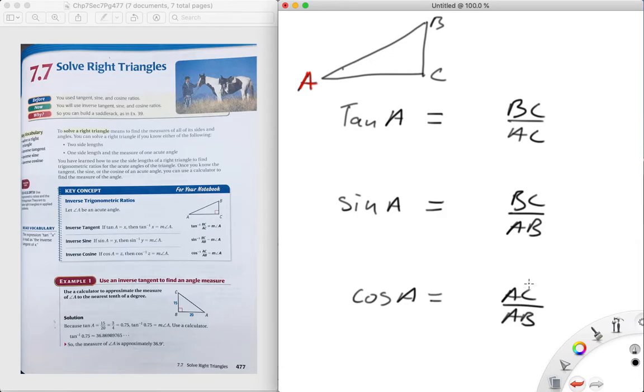Well, we have something called inverse tangent, inverse sine, inverse cosine. And the symbol for that is tangent -1. That means inverse tangent.